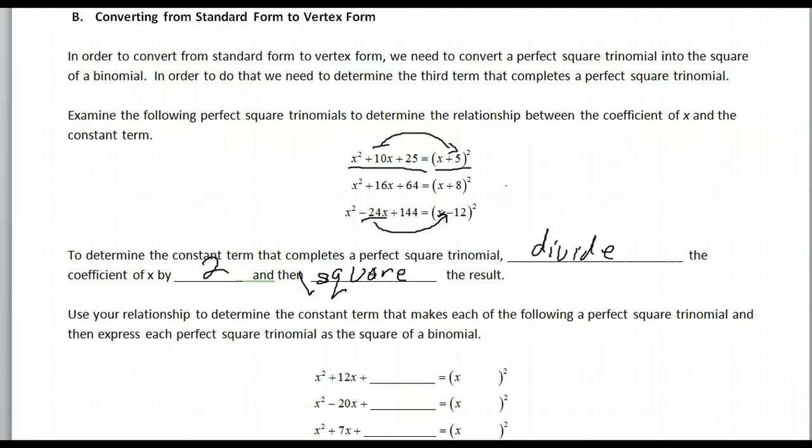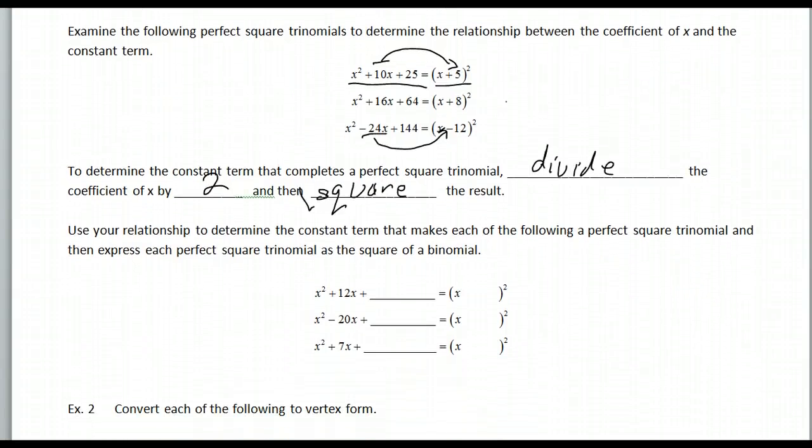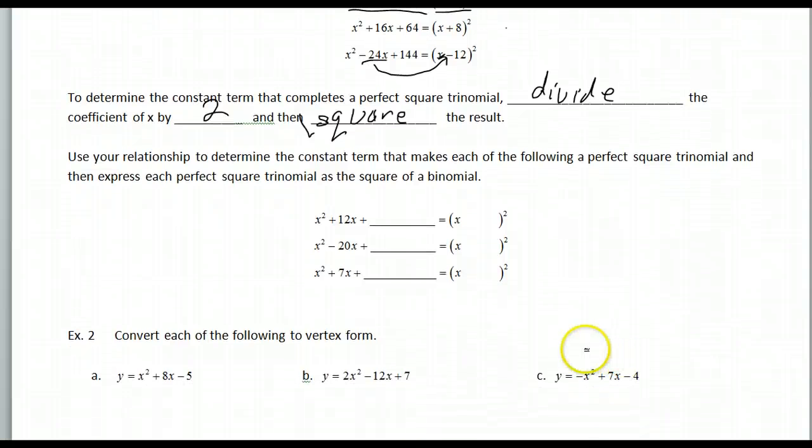Square the result. So moving down here, let's just do a little bit of practice on this. So we have x squared plus 12x. Half of 12 is 6, so 12 divided by 2 is 6, square the 6, you get 36.